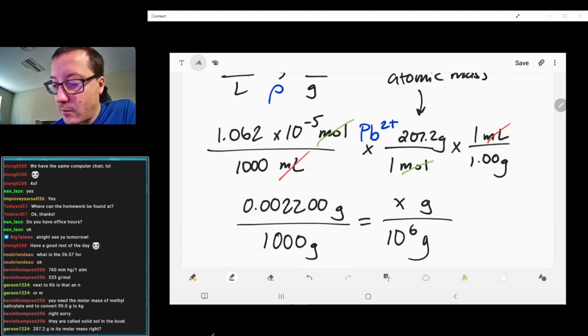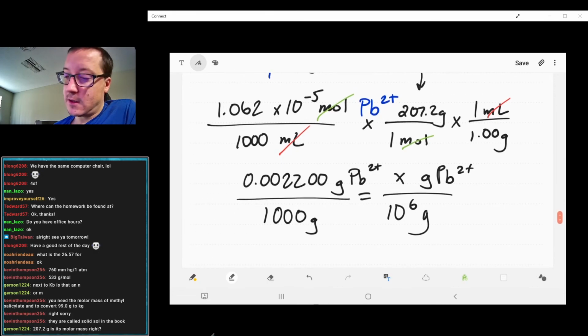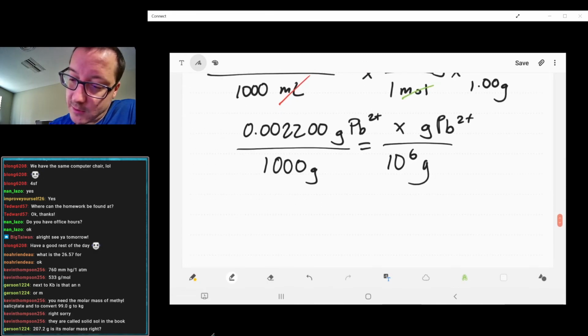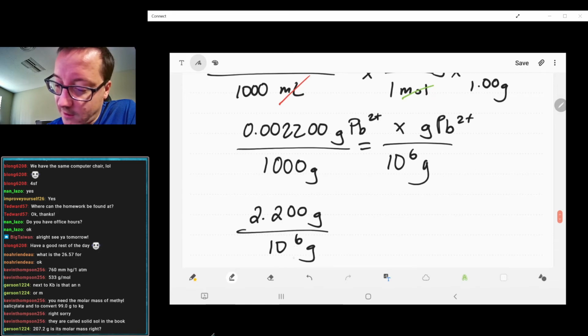Proportion-wise, we know we have 0.0022 grams of lead per 1,000 grams. Let's see what that proportion would be of 1,000,000 grams. Doing so, we're going to see that we end up with 2.2 grams per 1,000,000 grams.